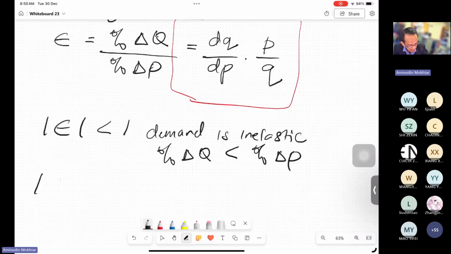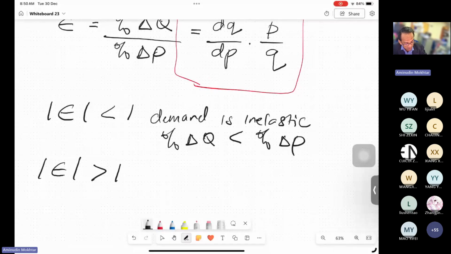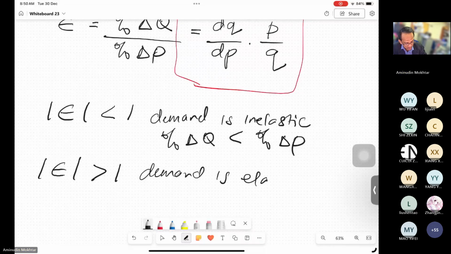Okay, the second condition is where the absolute value is greater than 1. The demand is inelastic when the absolute value of the elasticity is less than 1. But when the absolute value of elasticity is greater than 1, that refers to the situation where the demand is elastic.